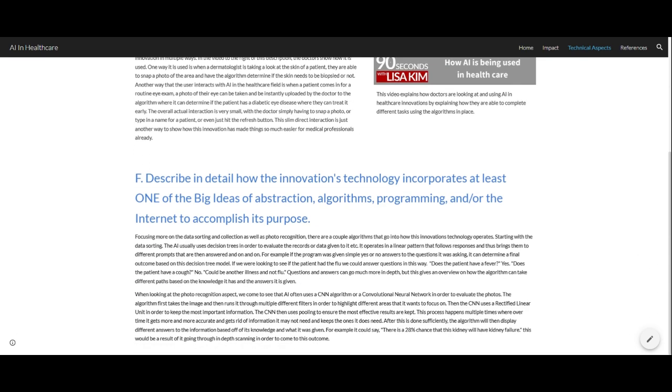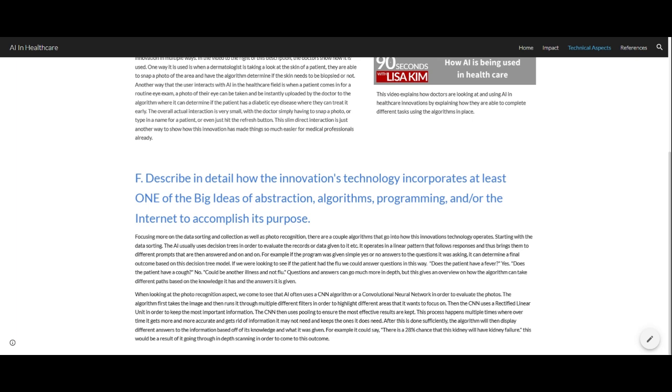And question F, describe in detail how the innovation's technology incorporates at least one of the big ideas of abstraction, algorithms, programming, and/or the internet to accomplish its purpose. I went into the algorithms part of this. I talk about how the AI can use decision trees to evaluate the records or data given to it.